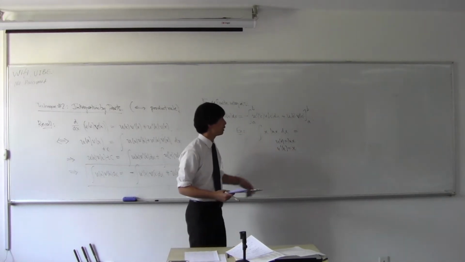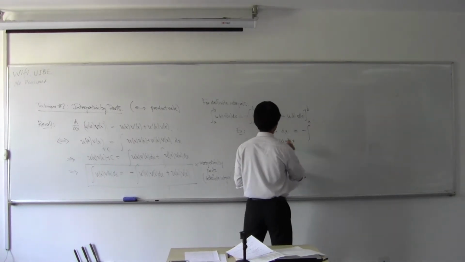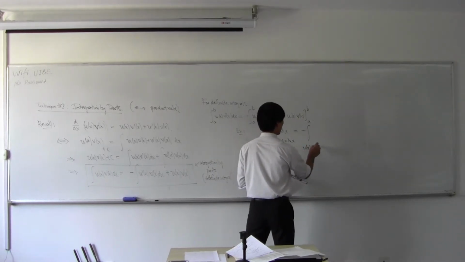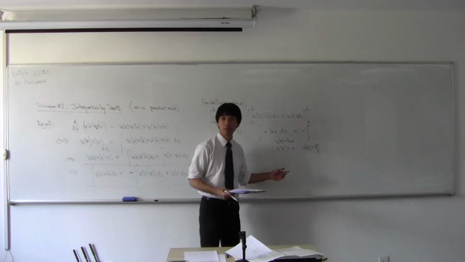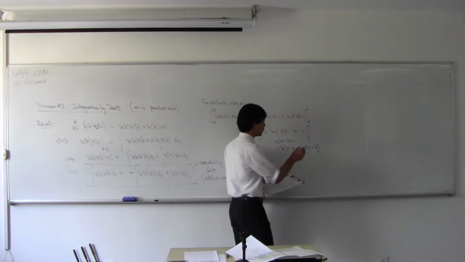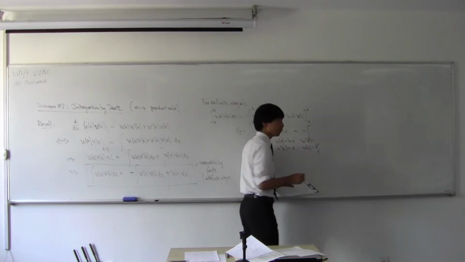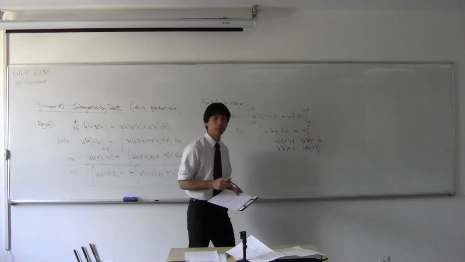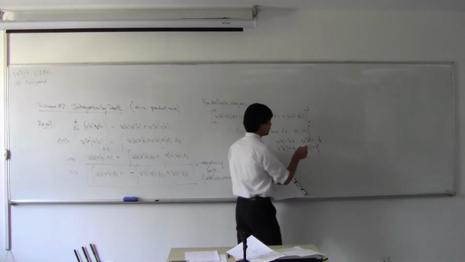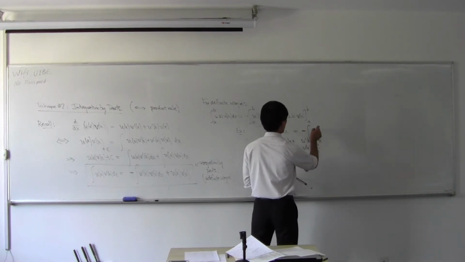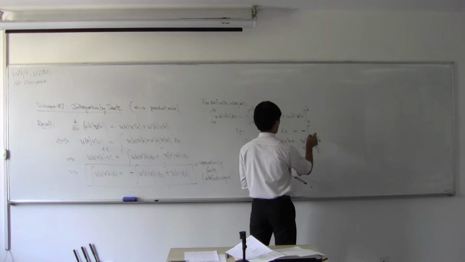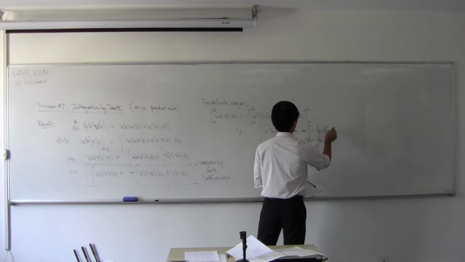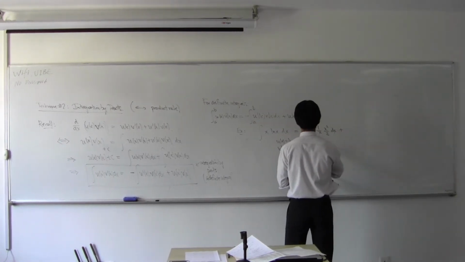What this says is that this is going to be equal to negative the integral of v u prime, plus u v. What's v? v is x squared over 2. And u prime, the derivative of the natural log, is just 1 over x.